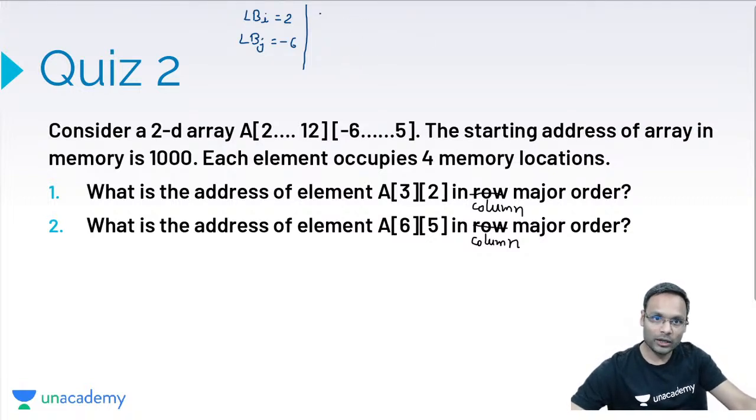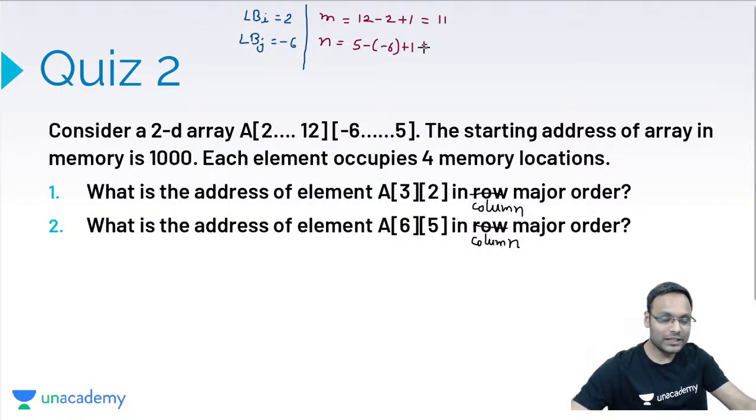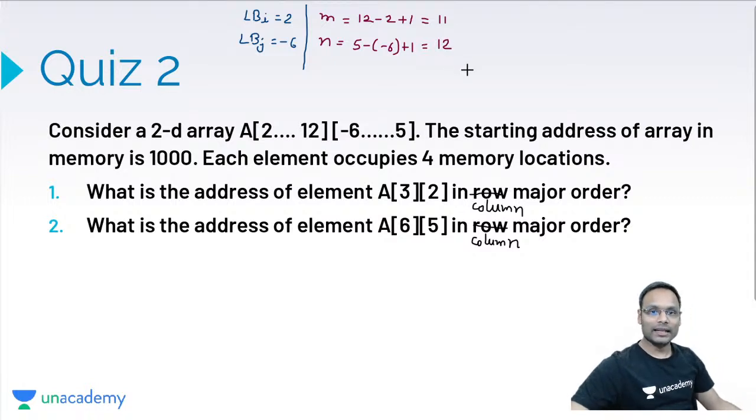Calculate the number of rows first: 12 minus 2 plus 1, which is 11, and 5 minus -6 plus 1, which is 12. So number of rows is 11, number of columns is 12.